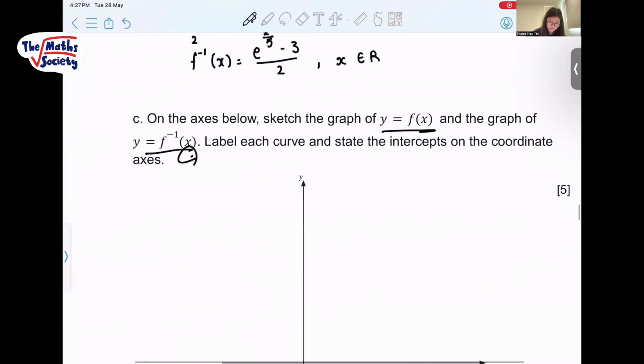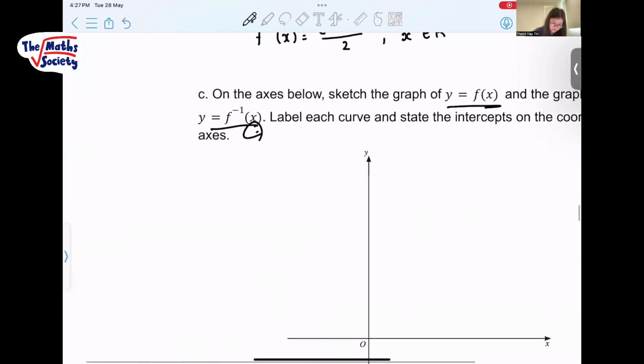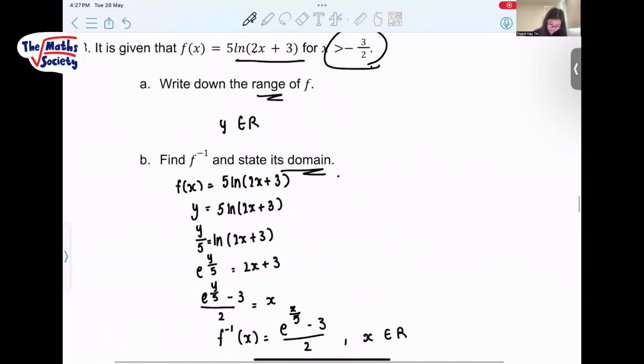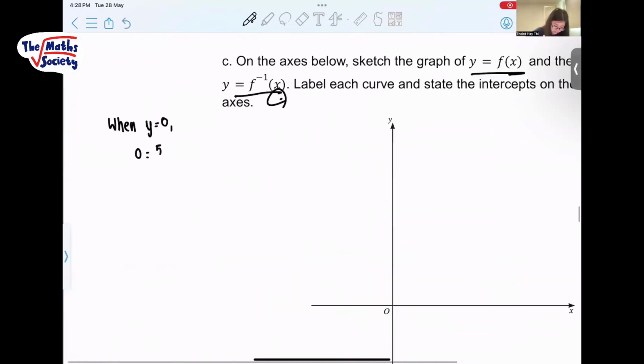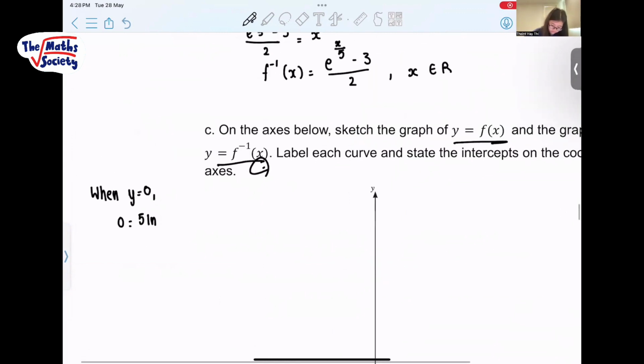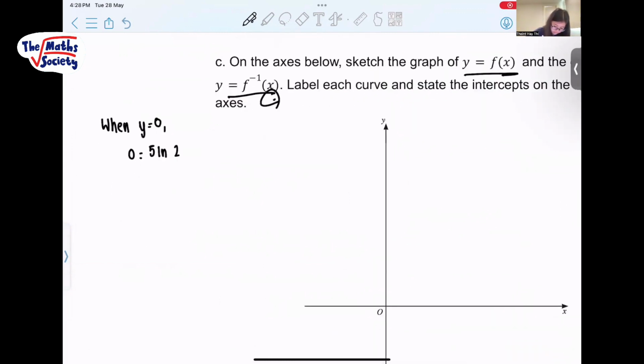So let's try to find the values for y equals f(x) when y is equal to 0. First, when y is equal to 0, 0 equals 5 ln(2x plus 3). Oh wait, we can just do this.